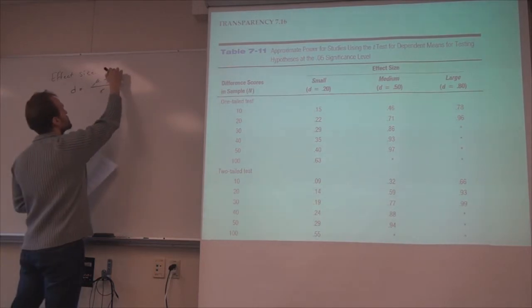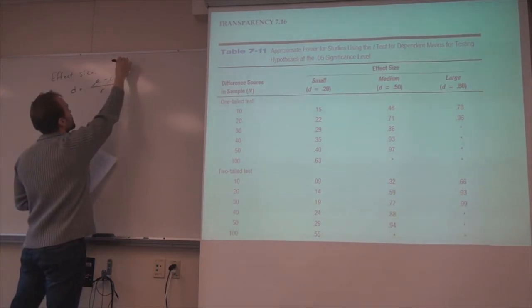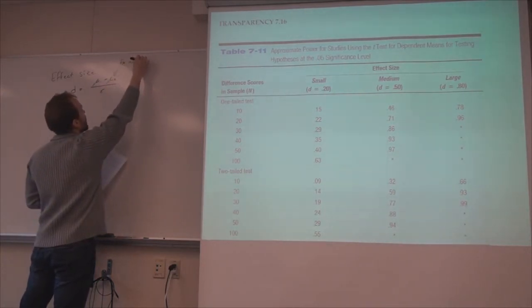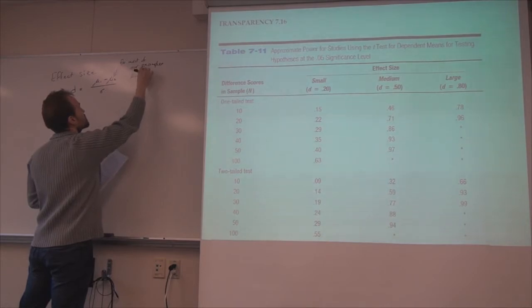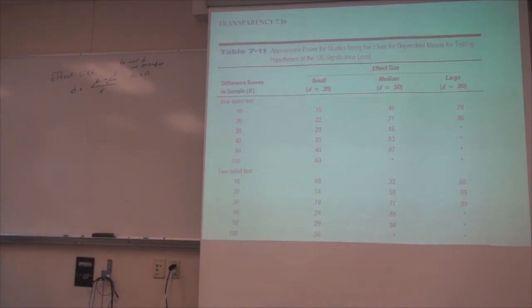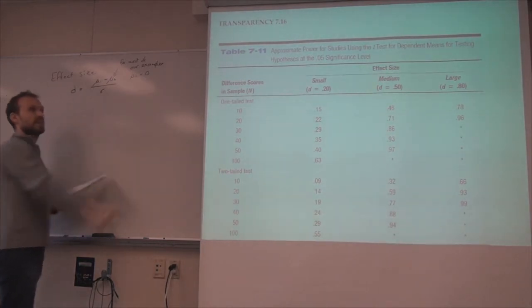Now, for most of our examples, mu2 will be 0. We're comparing against the null hypothesis, which had no difference.